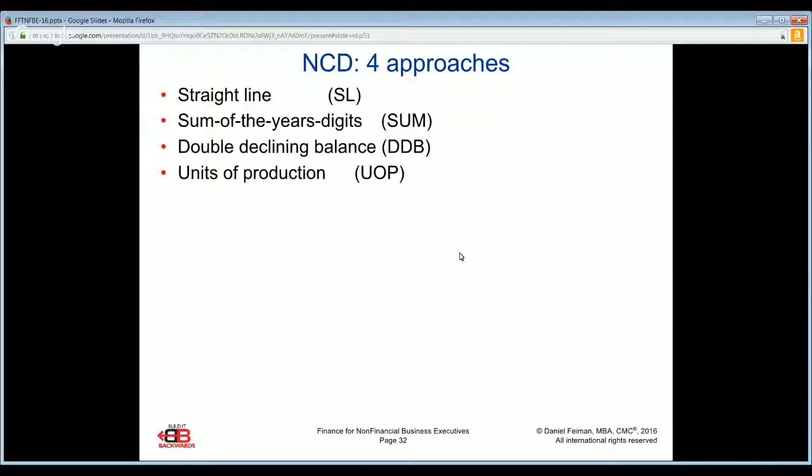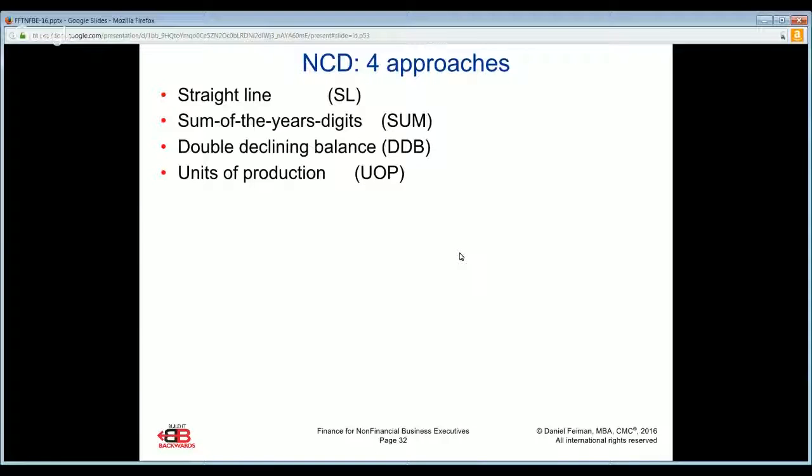The reason that an organization might take the sum of the year's digits approach instead of straight line is because we want a larger portion of that depreciation in the very first period. And the reason many people do this is they say that money's worth more today than tomorrow, so I'd rather have more expense today and less tomorrow. But we need to be very clear here.